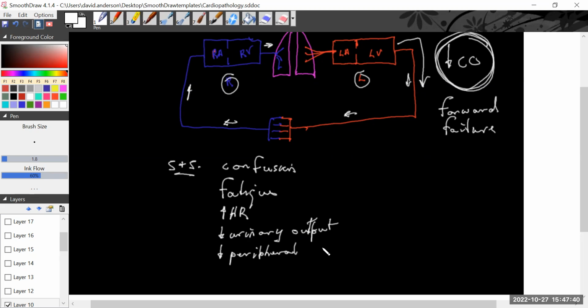Decreased peripheral circulation. So these things all represent compensation. Remember, we said the nervous system compensated, the renal system compensated, and we get cardiac hypertrophy on top of all of that, that ultimately we've seen is going to lead us to muscle weakness.